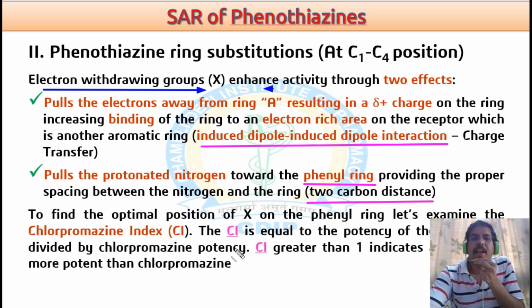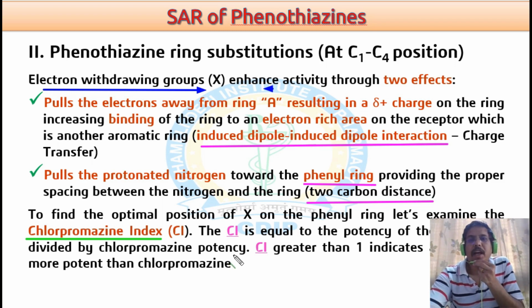And for comparison of the activity, we are using the chlorpromazine index, and chlorpromazine having an activity index as 1, and for the rest of the phenothiazine compounds we take the activity of that compound and divide by the chlorpromazine activity.